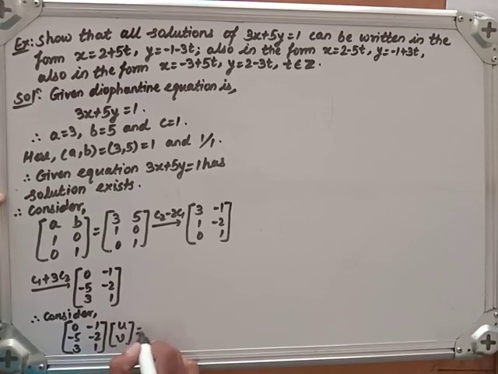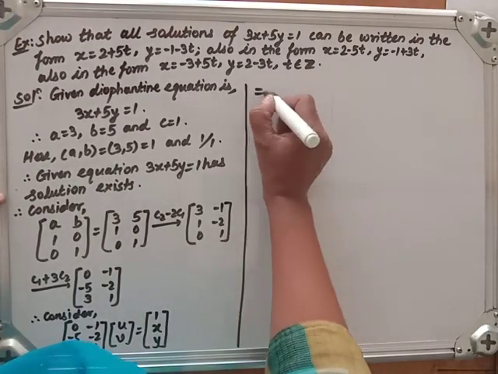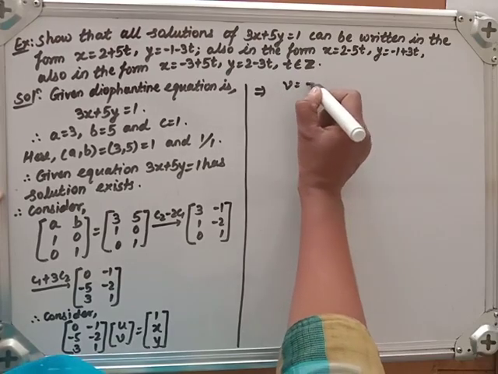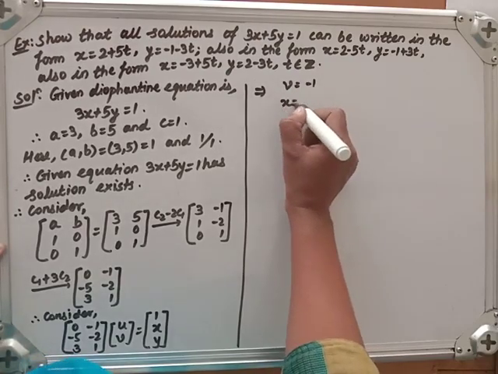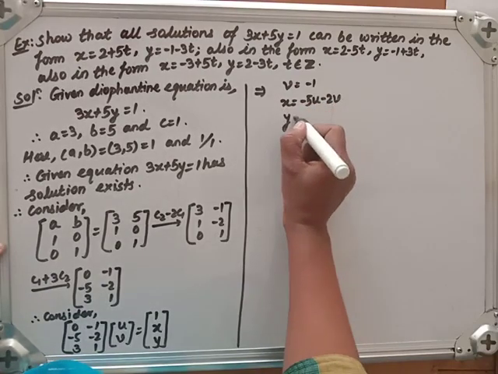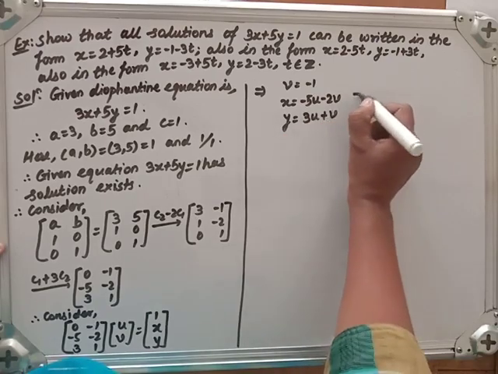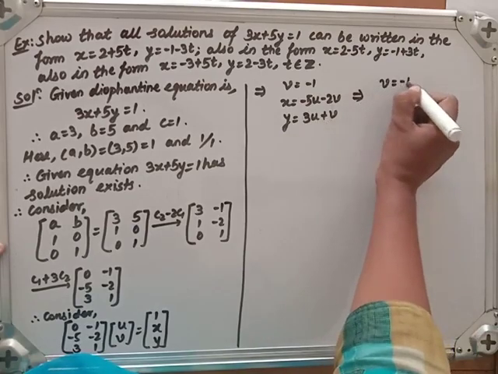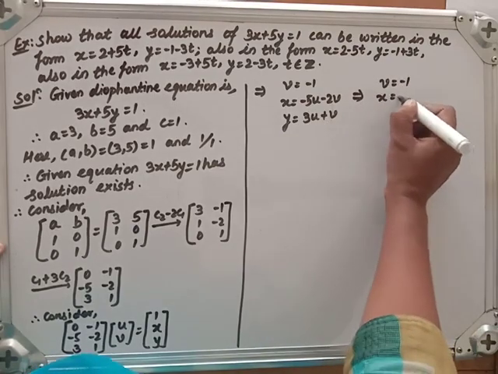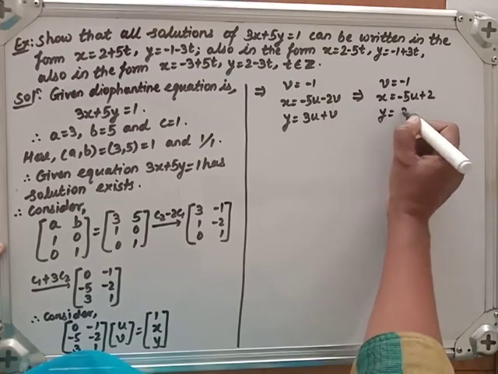UV is equal to 1, x and y. So this gives us v is equal to minus 1, x is equal to minus 5u minus 2v and y is equal to 3u plus v. That is same as v is equal to minus 1, x is minus 5u plus 2 and y is 3u plus 1.